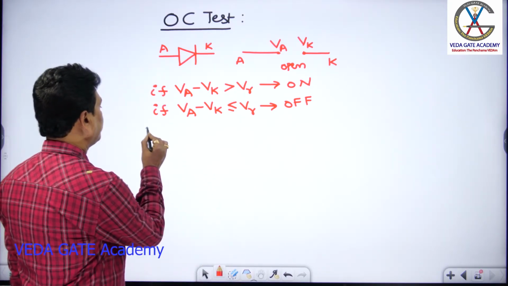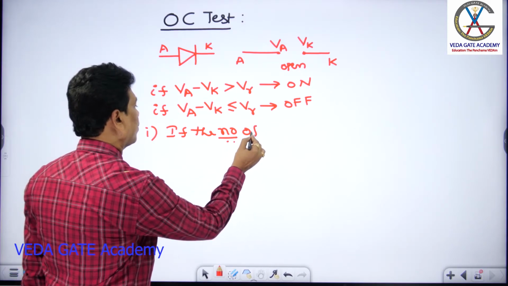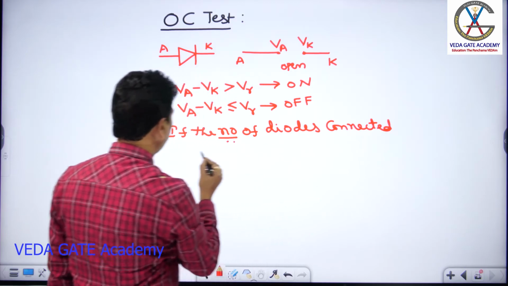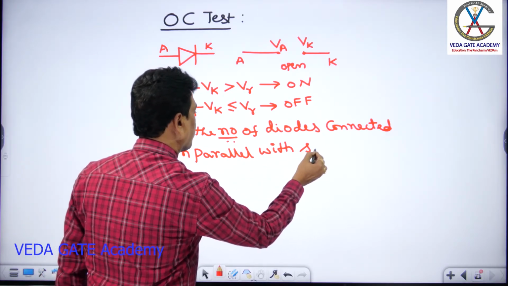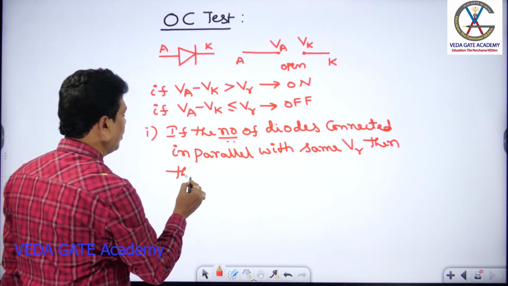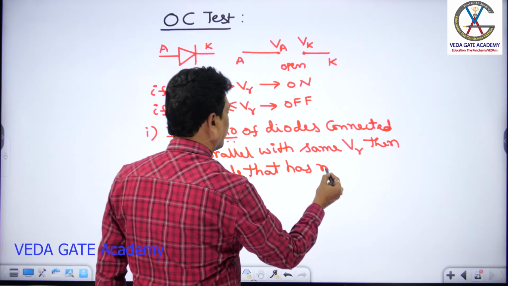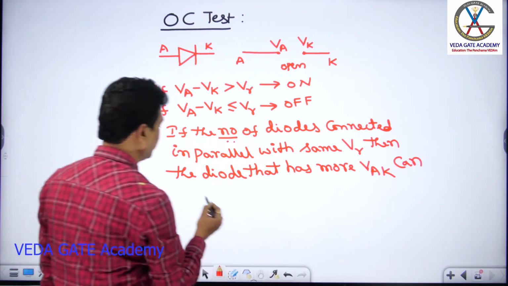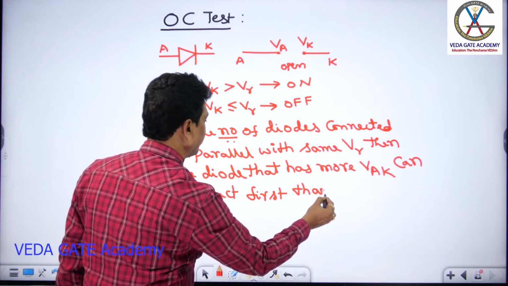So the first one: if a number of diodes are connected in parallel with the same cut-in voltage, meaning the cut-in voltage for all diodes is the same, then the diode that has more VAK, that is, higher anode to cathode potential, can conduct first compared to the others.